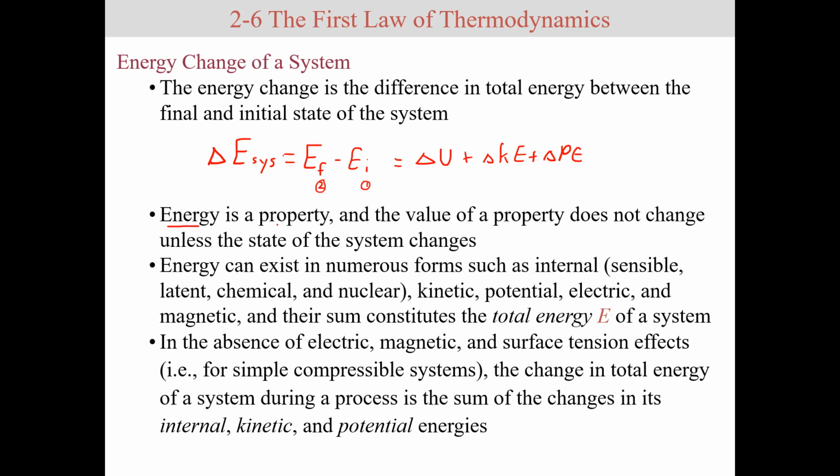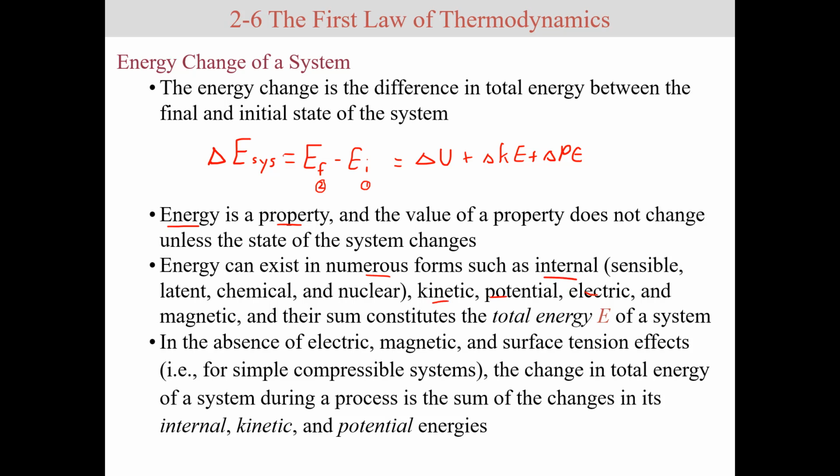Energy is a property. Energy transfer is not a property, but energy itself is a property. And the value of a property does not change unless the state of the system changes. So that means E for the system doesn't change unless a process occurs that causes the energy to change. Energy can exist in many forms. Internal energy, right?